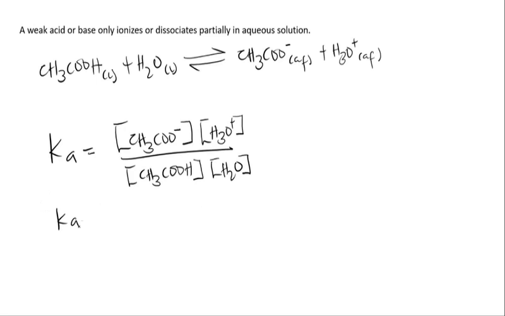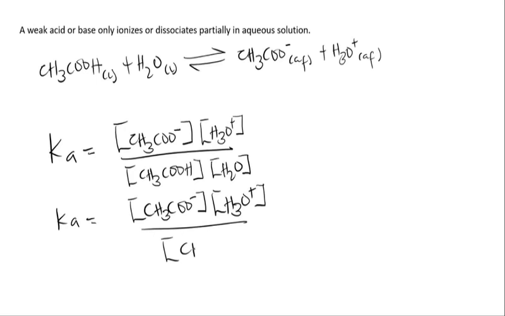But we neglect that of water, so we have the Ka to be CH3COO minus times H3O plus ions, divided by CH3COOH. So with this formula, we can easily calculate the Ka of any weak acid.